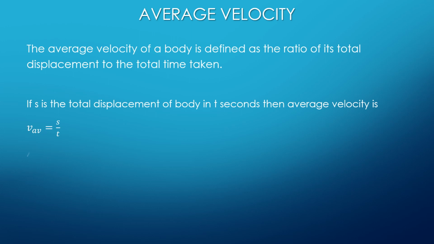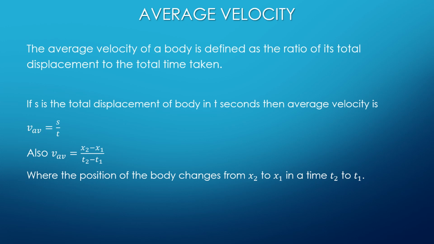We can also write it as V average is equal to (x2 minus x1) by (t2 minus t1), where the position of the body changes from x1 to x2 in a time t1 to t2.